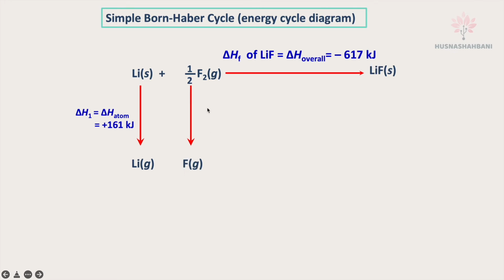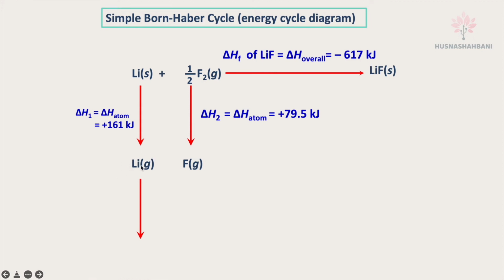And then the enthalpy of atomization is positive 79.5 kilojoule. Write down the enthalpy of atomization. After enthalpy of atomization for both, you need to do enthalpy of ionization for both.